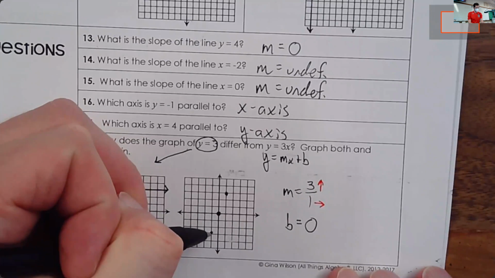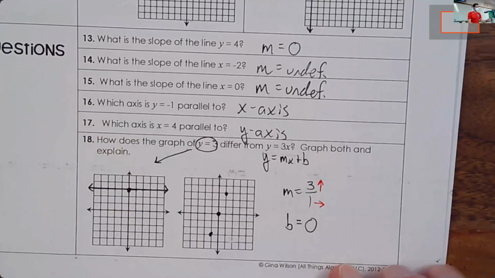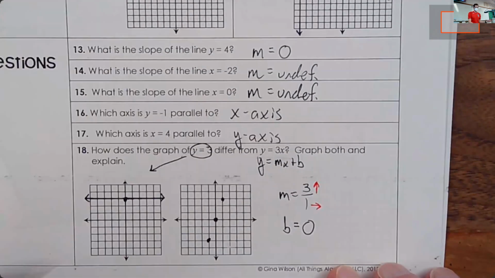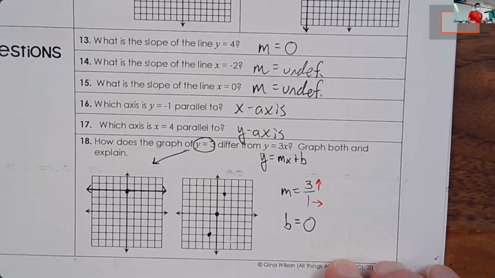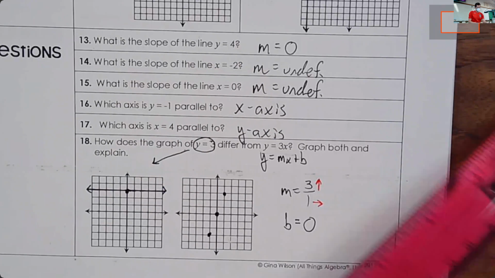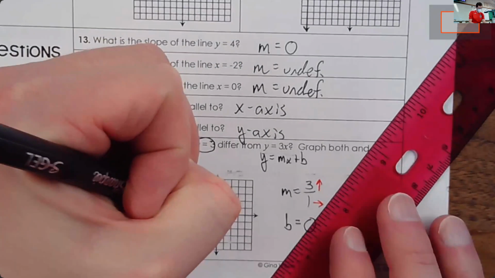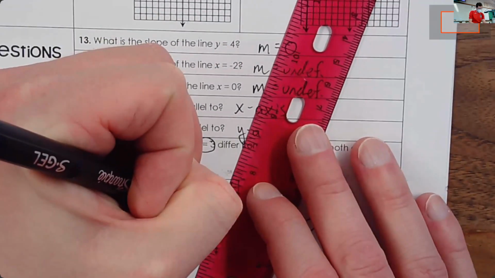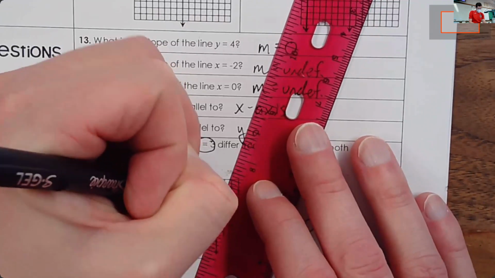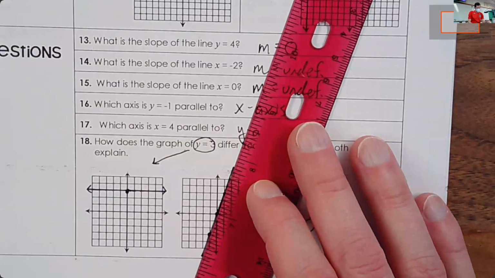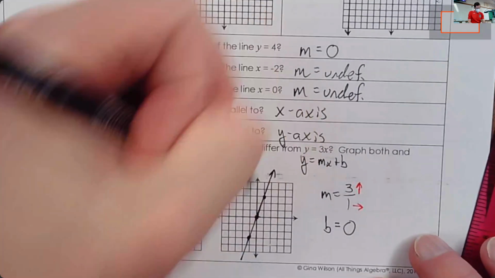We can work backwards on both of those arrows just to get another point to line everything up. We saw this as we were graphing slope-intercept a couple days ago. And then we'll line it up with our ruler and draw our line straight through those points. So there it is.